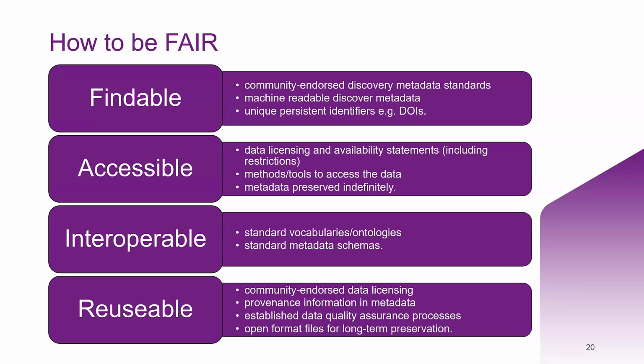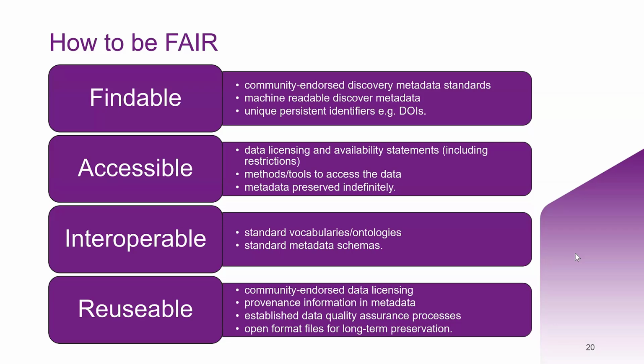When it comes to reusable data, again, we're talking about community endorsed data licensing. There might be situations where, yes, we can make available our data under Creative Commons, for example, and we talk about licenses that the repositories are making available. That is fine as long as the community is using those types of licenses.